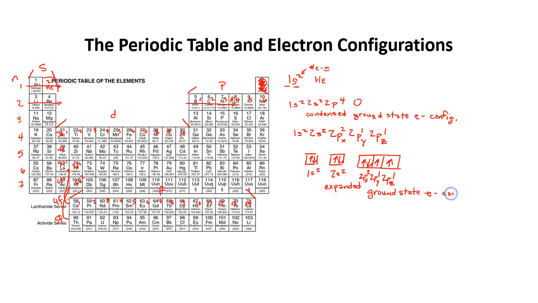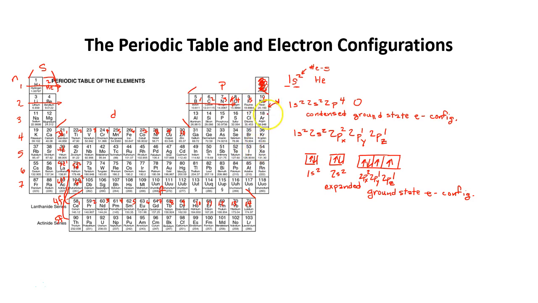Okay. There is another way for us to represent this, and we can use something called noble gas notation. So we look at the noble gas that comes before the element in which we're doing the electron configuration for. In this case, the noble gas is helium.